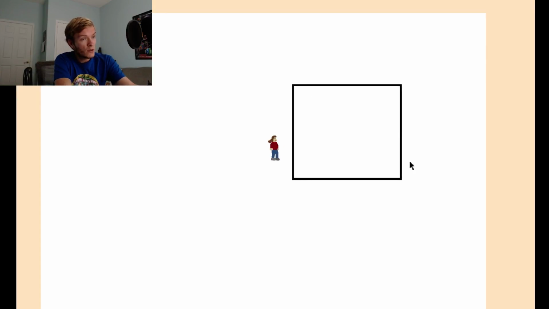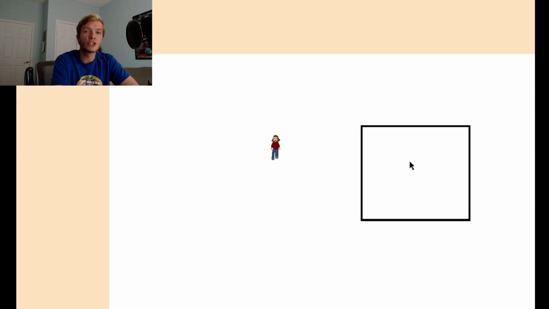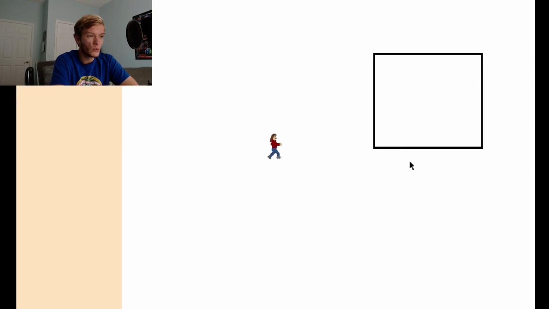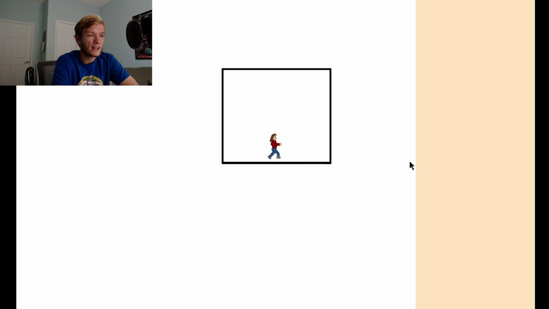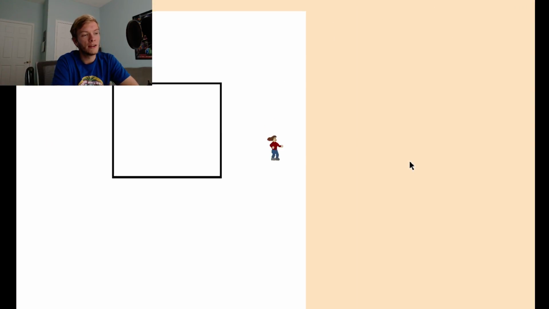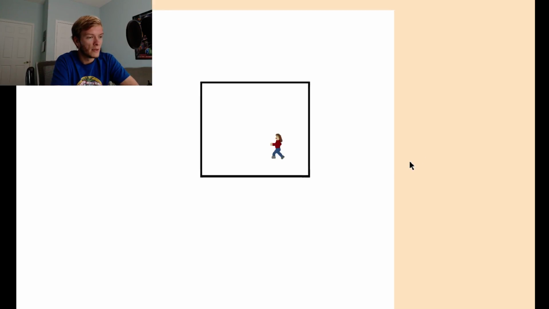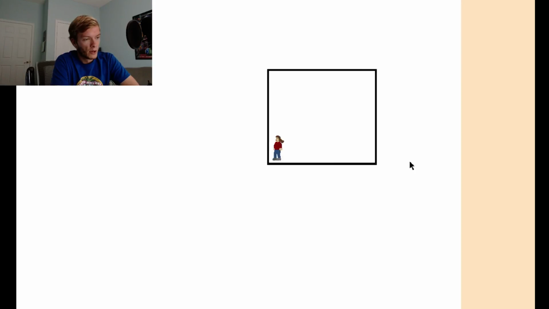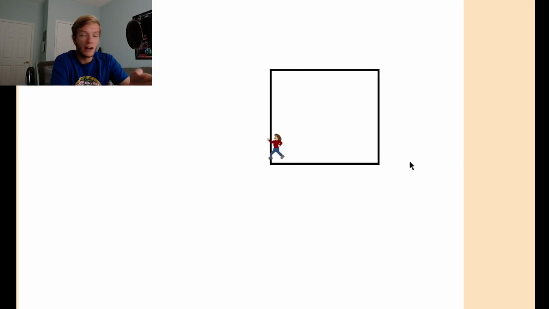You'll have this big white square, and this is what I'm calling an area. So this is essentially a chunk that will be loaded when you are in it. So I can add a second area to the right here. I'm not going to do it on screen just because I don't want you guys sitting around while I'm coding. But I have this rectangle on the screen that I can move in and out of.